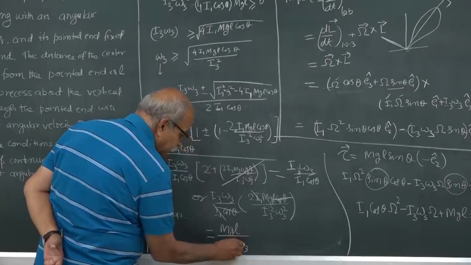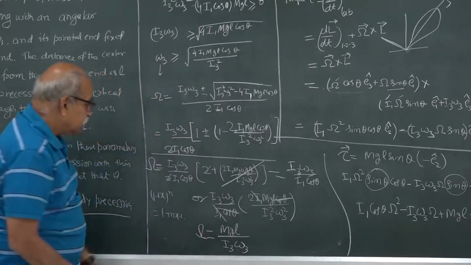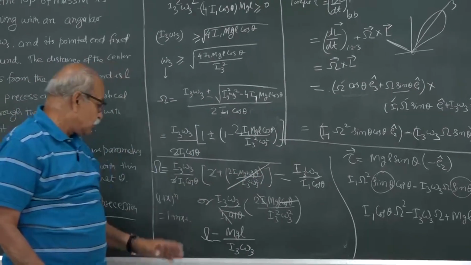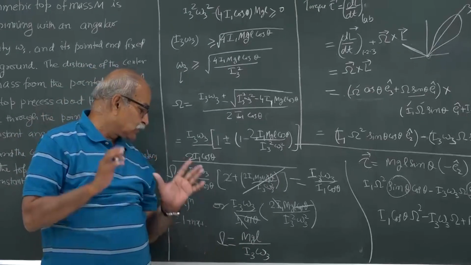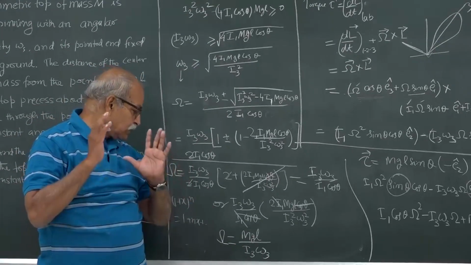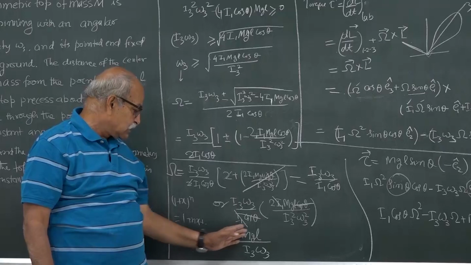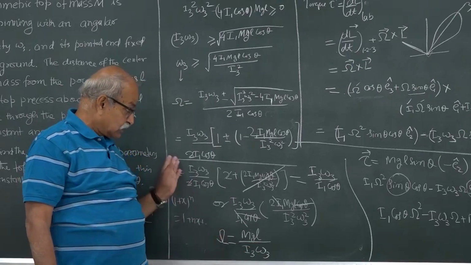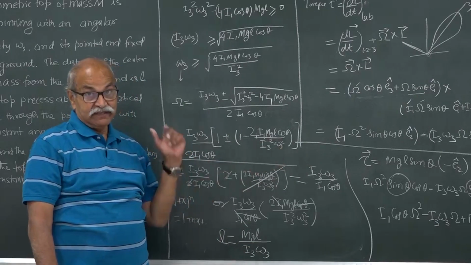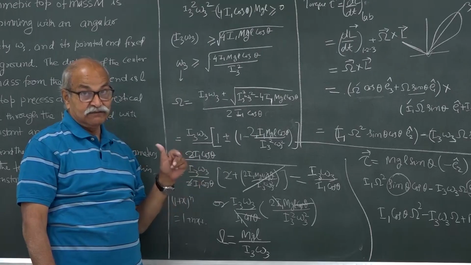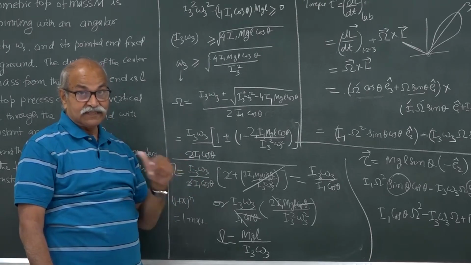So, this is another possible relation. So, either omega is equal to this or omega is equal to this. You have to start the motion in this particular fashion, that this is the relation between them or this is the relation between them, then it will continue to precess with uniform angular velocity.